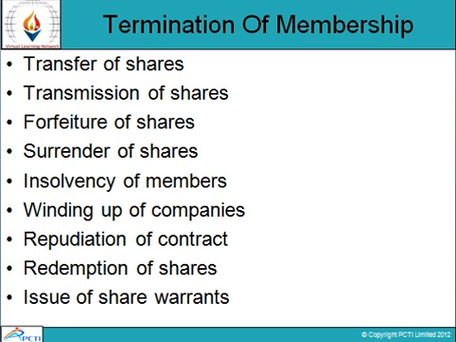If a member is holding redeemable preference shares, then on their redemption his membership terminates. Issue of share warrants. When share warrants are issued in exchange for fully paid shares, his name is removed from the register of members, although he continues to be a shareholder of the company.